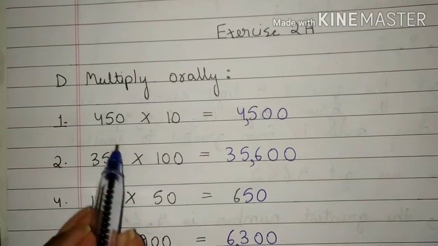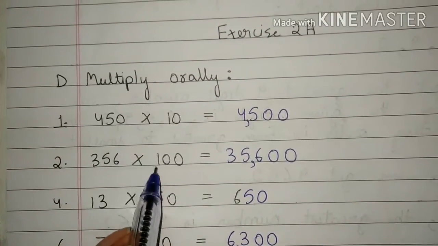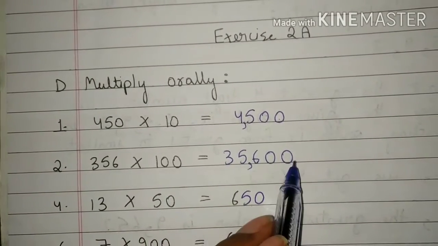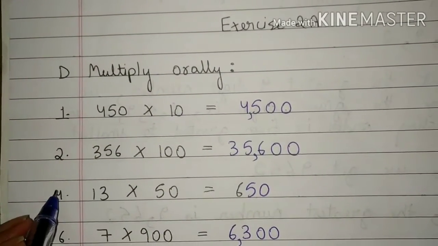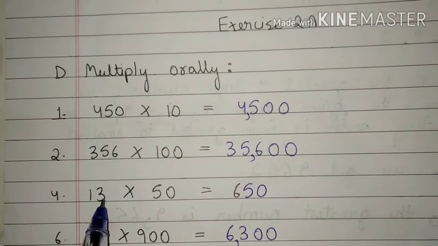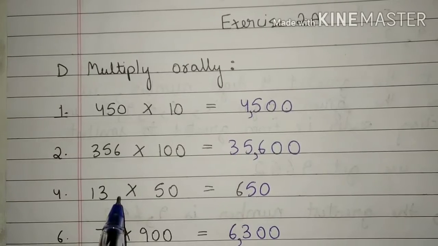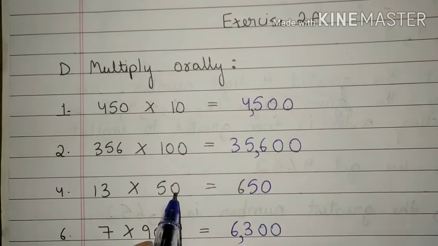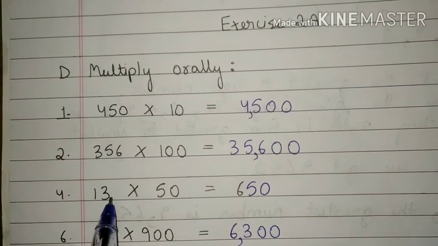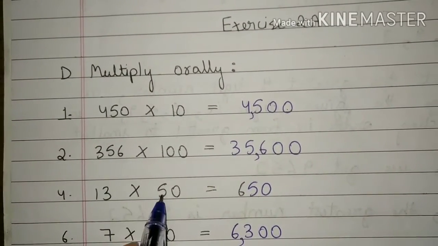Now 356 multiplied by 100 will give 35,600. Fourth question, 13 into 50. Students, first we will multiply 13 by 5.